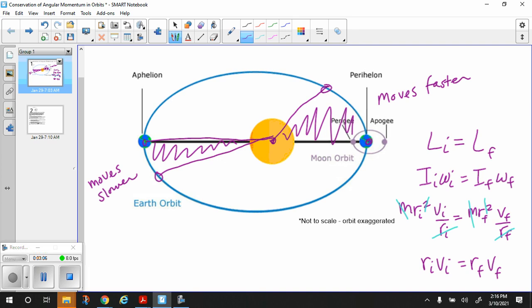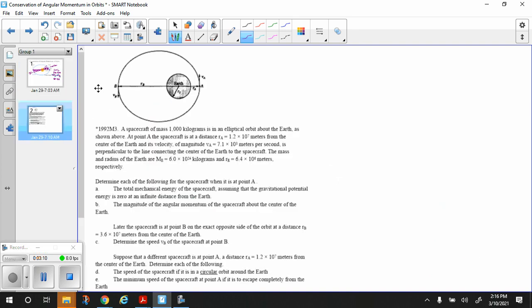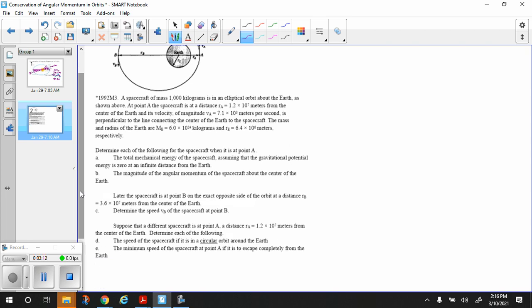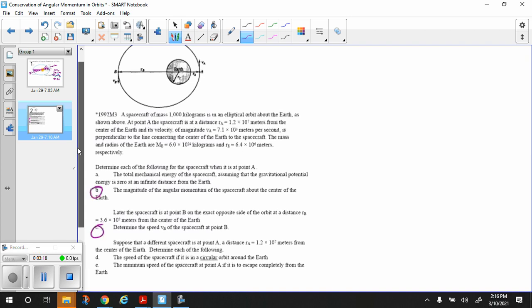So we are going to apply this in a problem. This is a long AP problem. We're not going to do the whole thing today. We're just going to do parts B and C. So we have a satellite orbiting the Earth, and it gives us a bunch of things here. We know that the mass of the satellite is 1,000 kilograms.